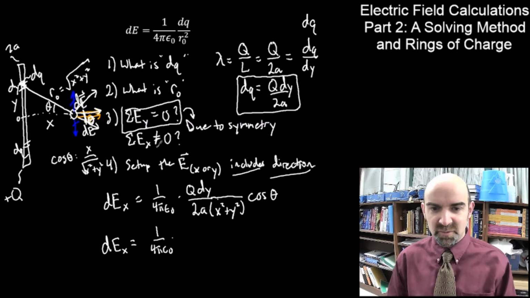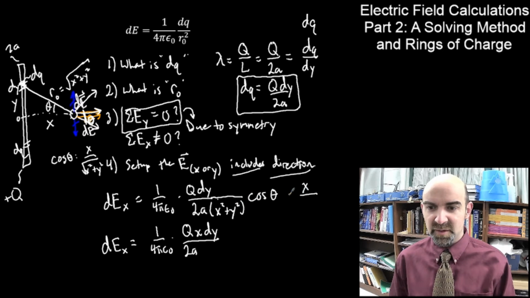Q dy, times cosine theta, we'd have Q x dy divided by 2a, and we'd have this x squared plus y squared, and this cosine, keep in mind, just write it next to it over here so we can see it all together, is x over the square root of x squared plus y squared.